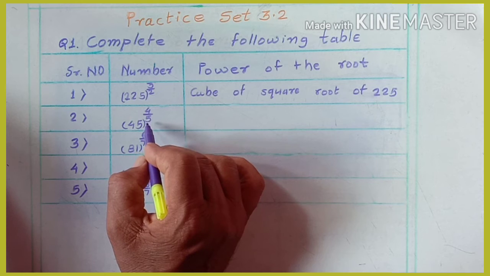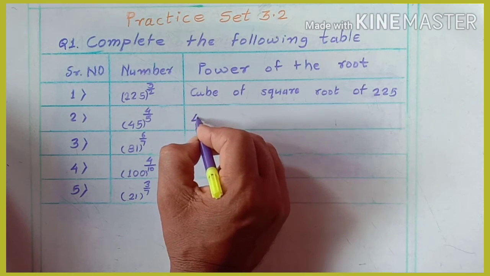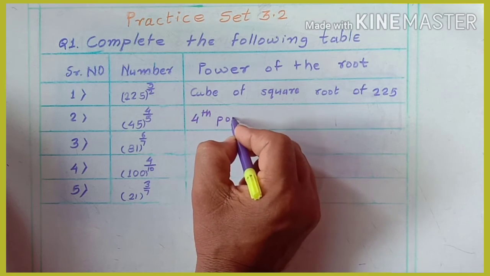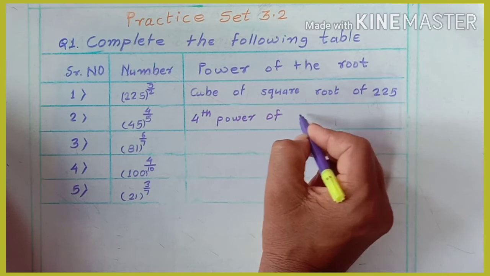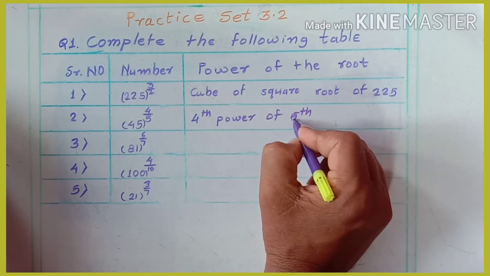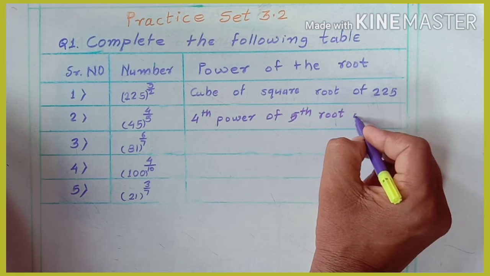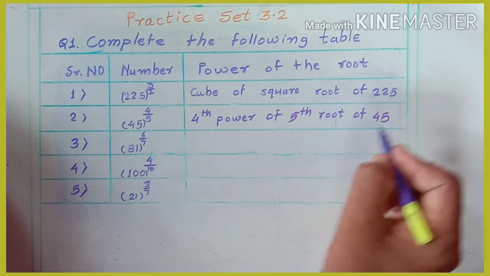Now tell me, 45 raised to 4 upon 5: fourth power of fifth root of 45.